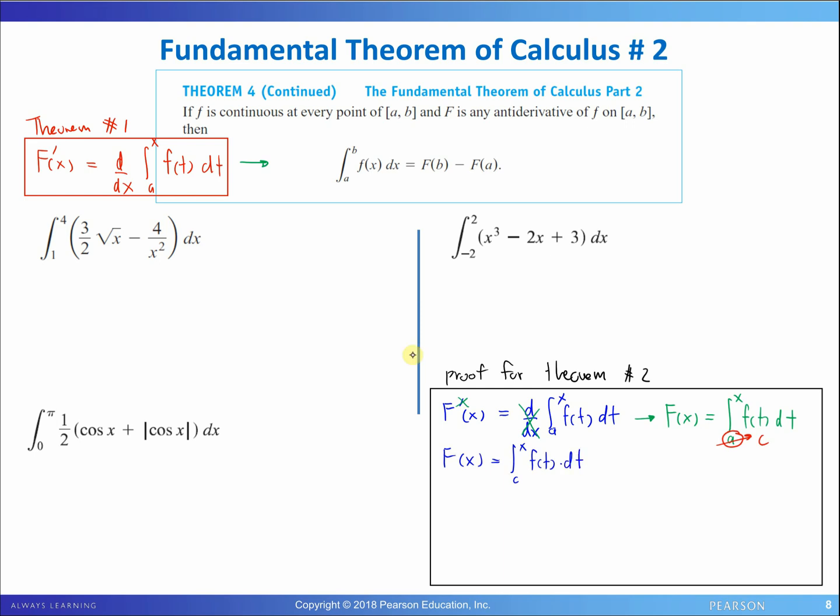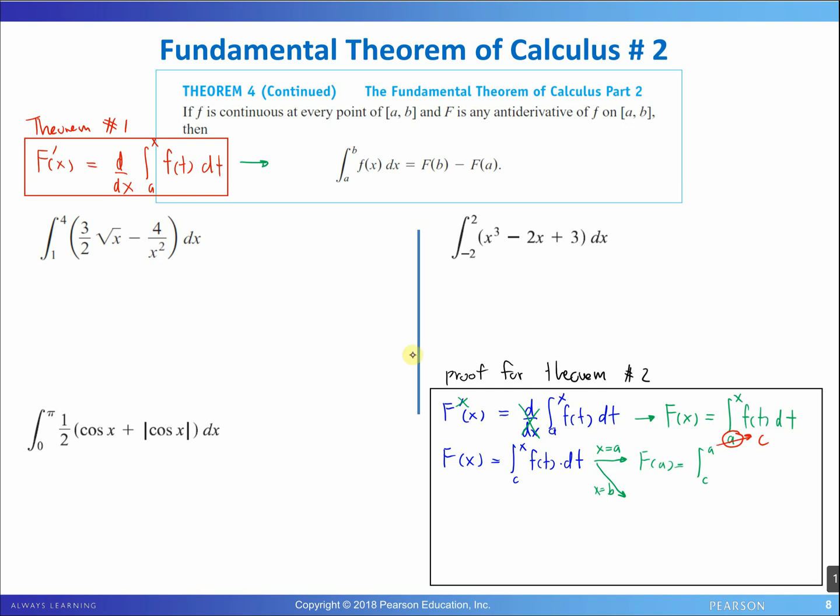And now I do this. First one, let x equal to a. And second one, let x equal to b. Let's see what happens. For the first one, when x is equal to a, then our expression becomes F of a equal to the integration from c to a.